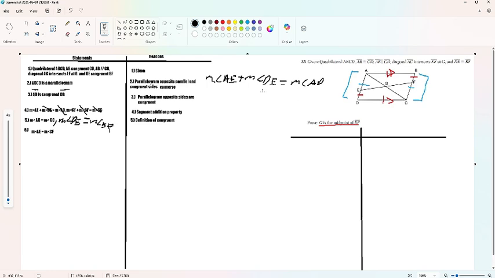These two are congruent, so the measure of this is also equal to this, so these are equal to each other, but we can also subtract these using subtraction property. Oh, wait.